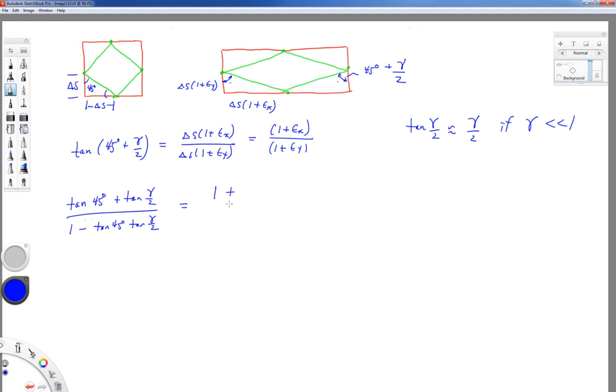So I'm going to write this as approximately 1 plus gamma over 2 divided by 1 minus gamma over 2. And that's equal to what we have over here on this right-hand side, then approximately so. We'll talk about the assumptions again in a moment. 1 plus epsilon x divided by 1 plus epsilon y.